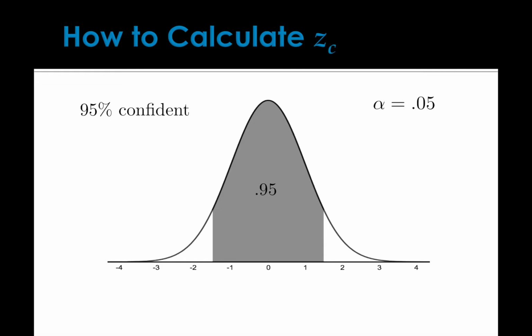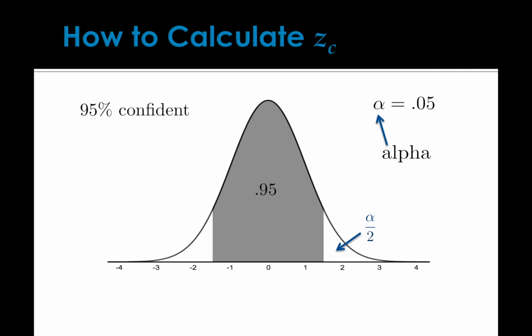We use the lowercase Greek letter alpha to represent that non-confident part, that area of being unsure. So that alpha, that 0.05, is the area that's stuck in the tails, those white unshaded tails. That alpha has to be split in half between those two tails. They're sharing that alpha area.